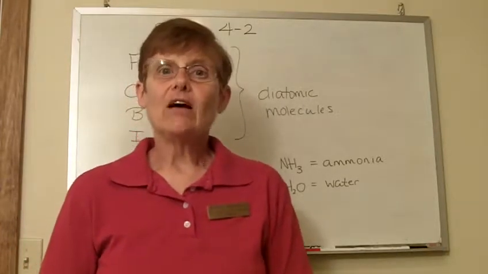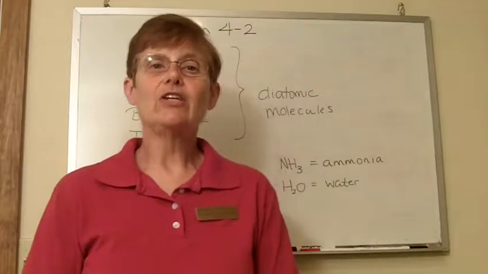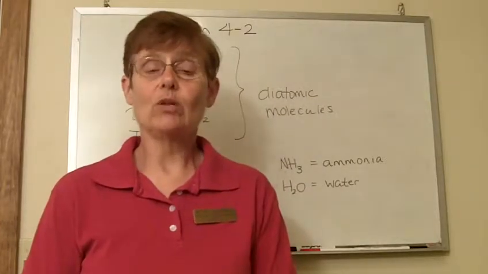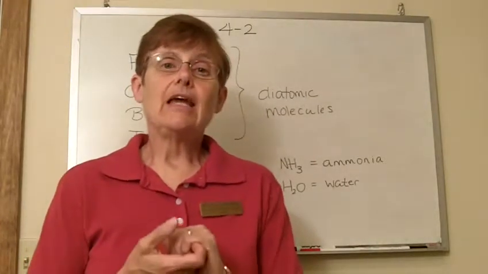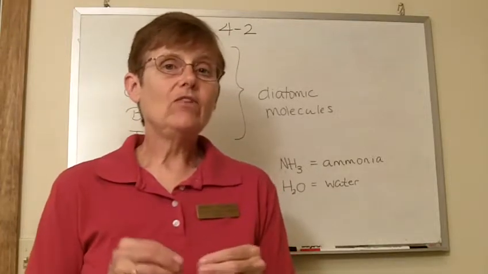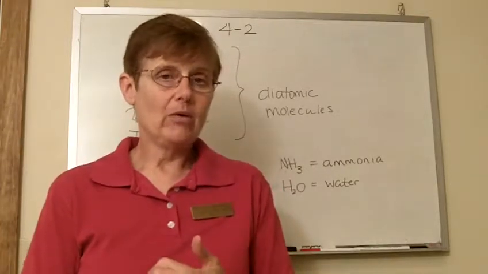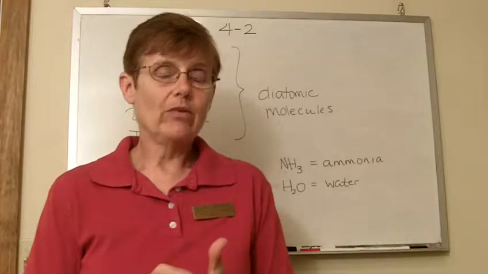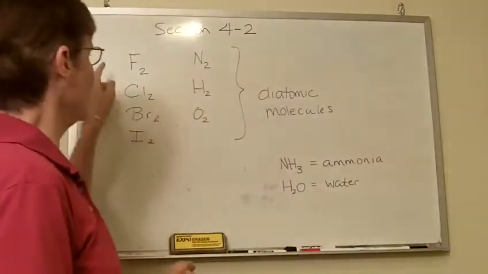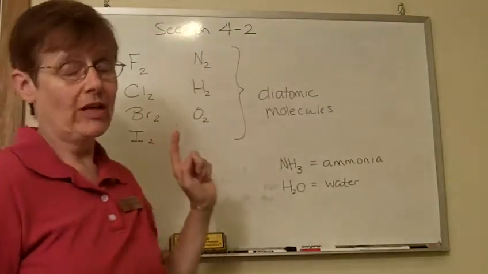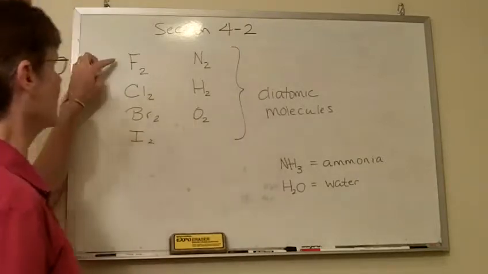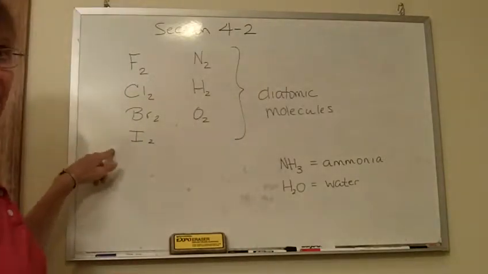Now, there are lots of elements that don't exist as individual atoms. What I mean by that is even when they're not in a compound, they bond together with other atoms. The ones that we'll be concerned with this year that I want you to know are this group of 7A elements.